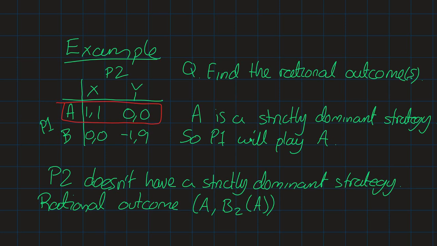If they play X, they get 1 point. If they play Y, they get 0 points. So X is the best thing for them to do. So the rational outcome is AX in this case. And that's the end of this example.